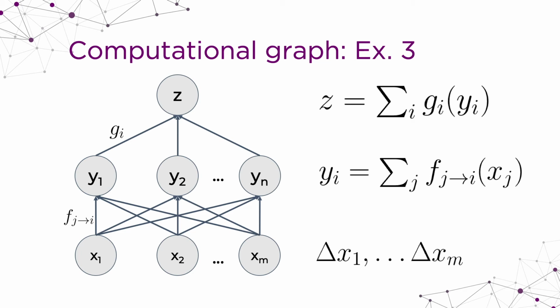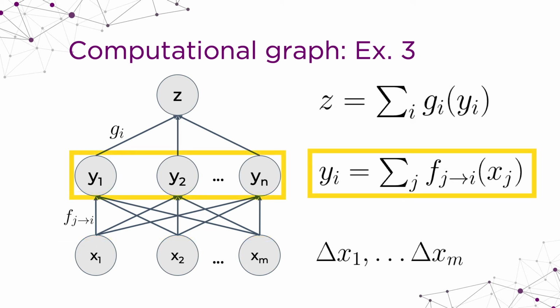So here I have one function that will map one input to one output, the f from j to i. And so I have my variables yi defined as the sum over all incoming values of my function here.